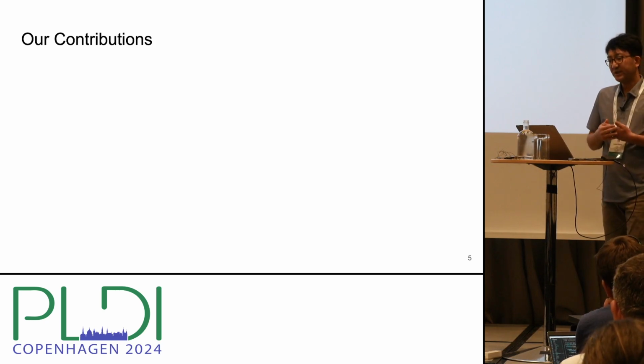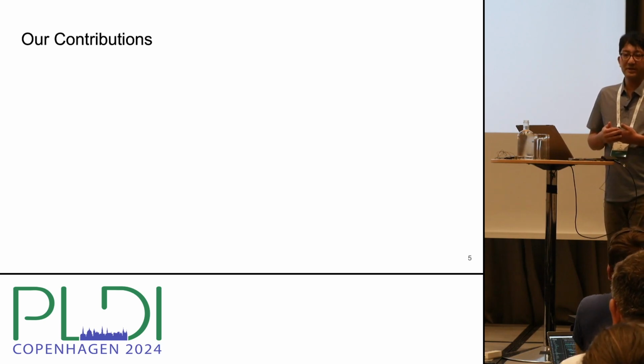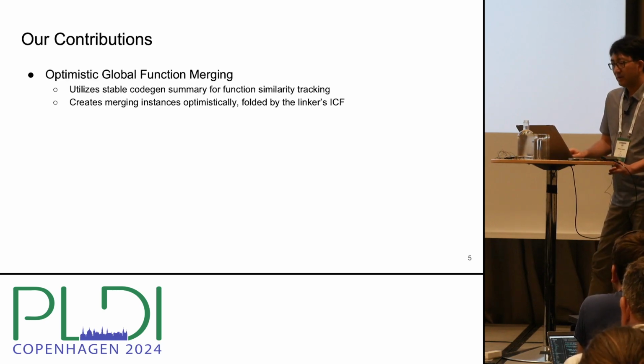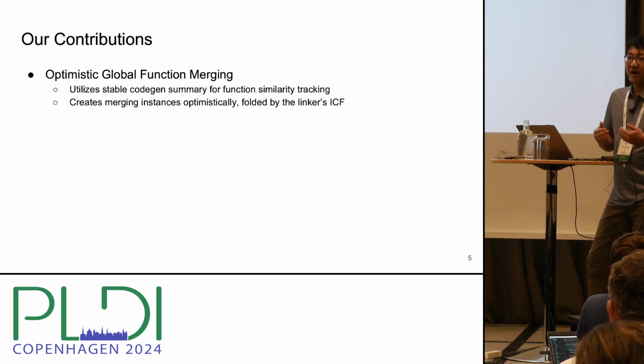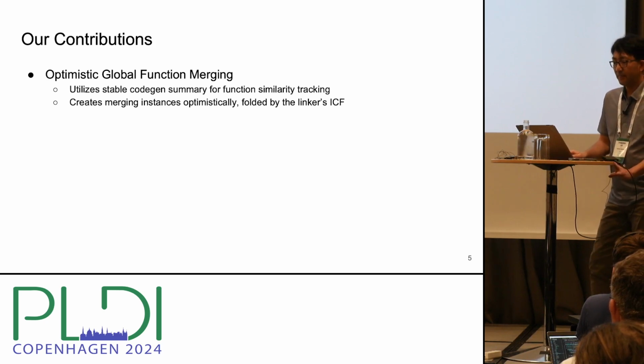However, our approach is based on using summaries that are applicable to separate or parallel compilations like ThinLTO. So we have developed optimistic global function merging that utilizes these summaries to track function similarities. Our technique optimistically creates merging instances, and then they are folded by the linker's identical code folding, called ICF.